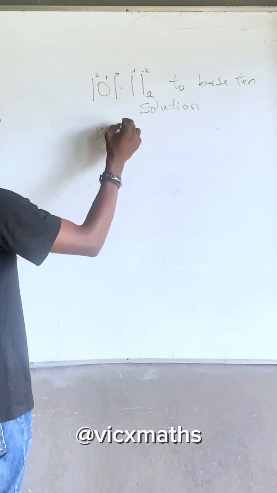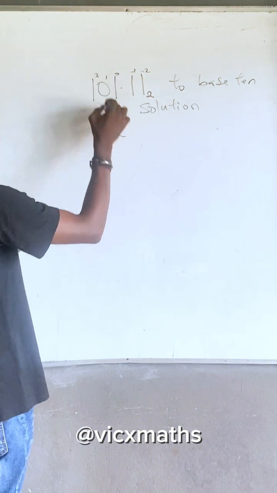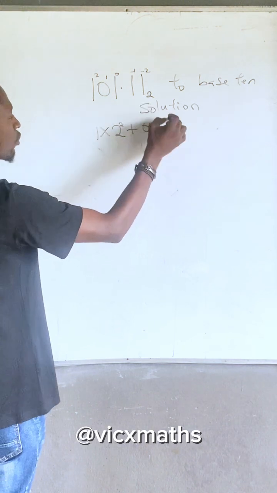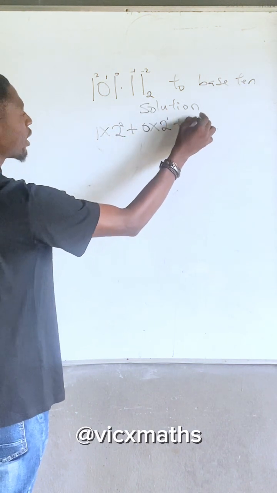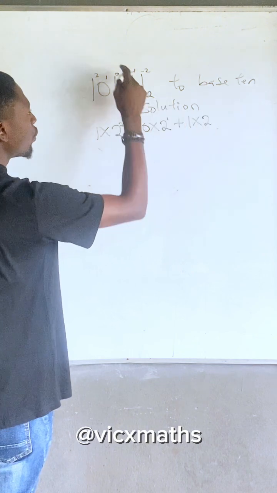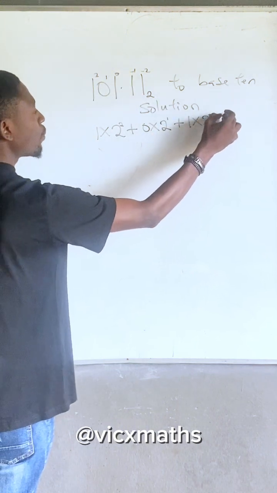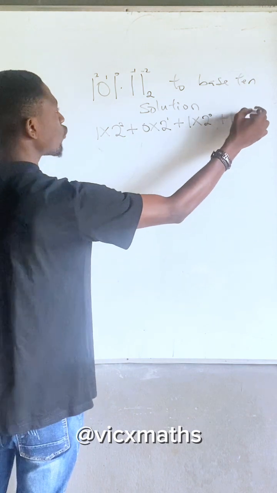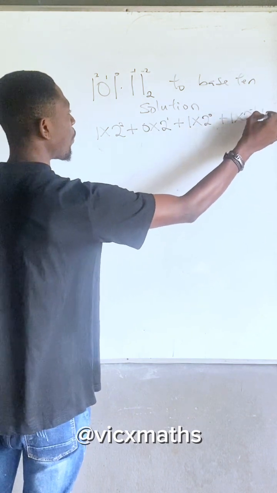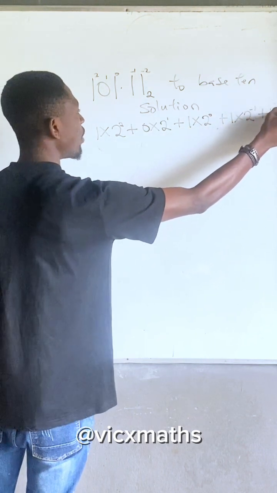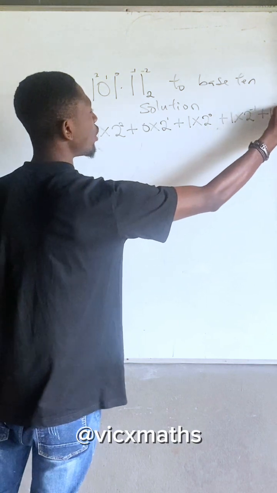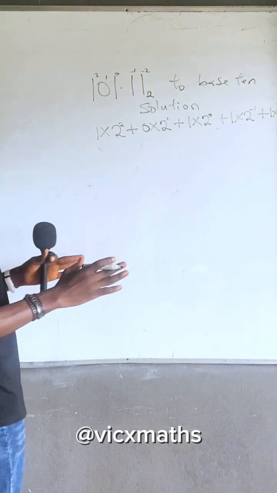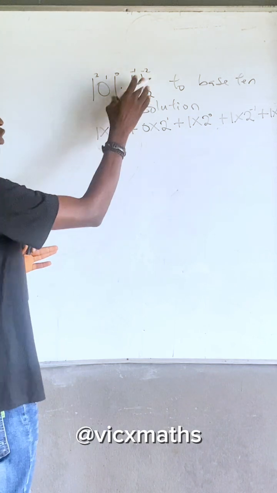So we have 1 times base 2 raised to power 2, plus 0 times base 2 raised to power 1, plus 1 times base 2 raised to power 0, plus, now after the decimal, 1 times base 2 raised to power minus 1, plus 1 times base 2 raised to power minus 2. Now, this is the first step. If you've gotten this, there is a high tendency you are going to arrive at your answer. And this is what I just want you to learn today.